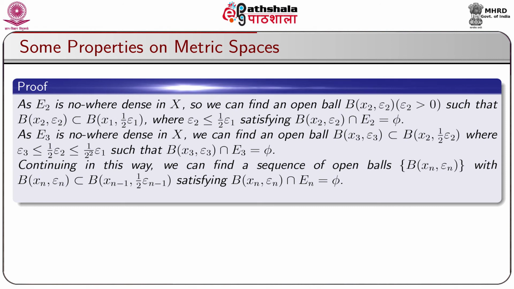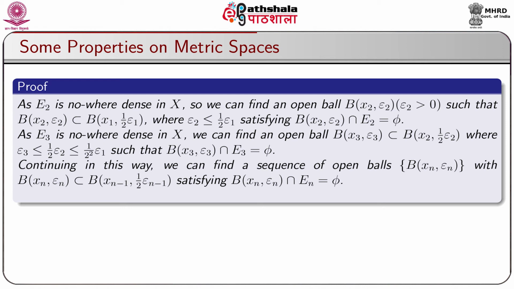As E2 is nowhere dense in X, we can find an open ball B(x2, epsilon 2), where epsilon 2 is greater than 0, such that B(x2, epsilon 2) is a subset of B(x1, half epsilon 1), where epsilon 2 is less than or equal to half epsilon 1, satisfying B(x2, epsilon 2) intersection E2 is empty.